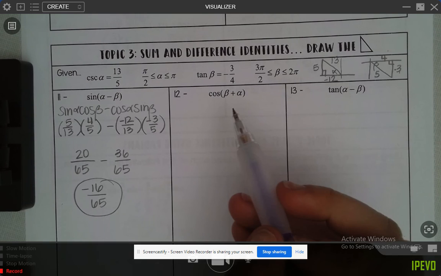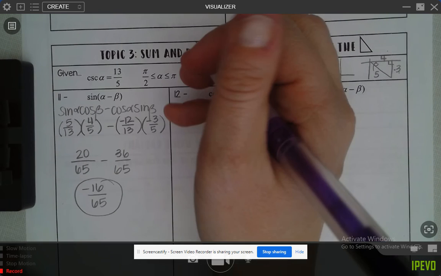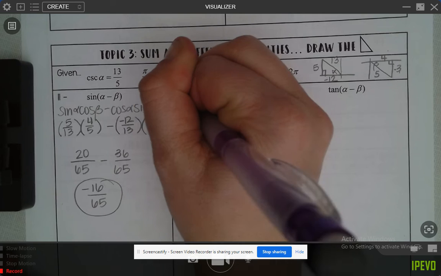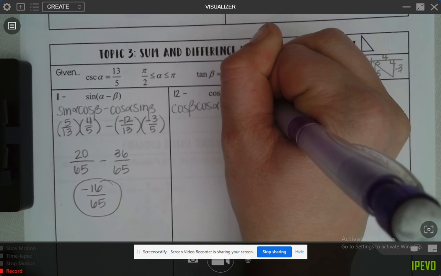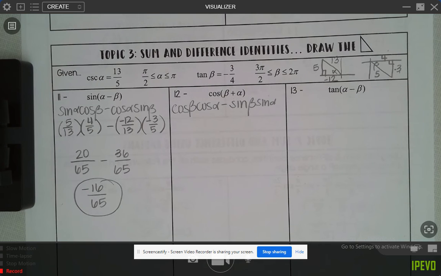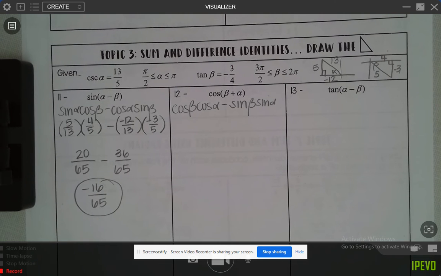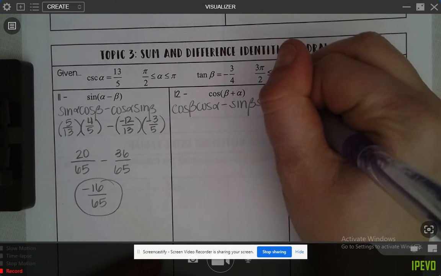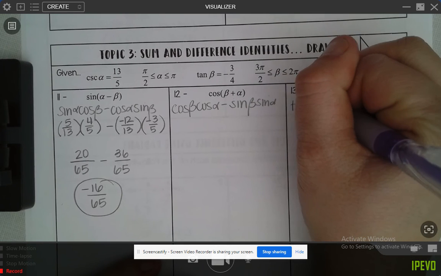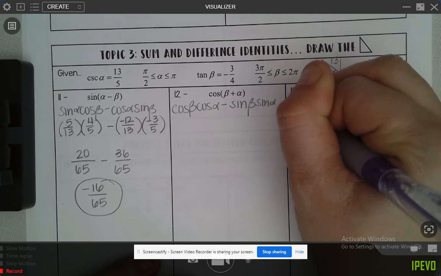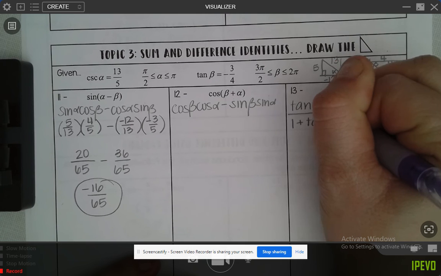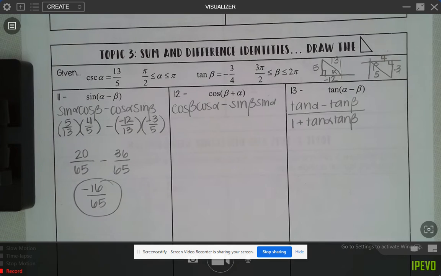All right, cosine of beta plus alpha. That is the cosine of beta, cosine of alpha, minus the sine of beta, sine of alpha. Do you want me to do this one or you want me to do tangent? Okay, so this is the tangent of alpha minus the tangent of beta divided by 1 plus tangent alpha, tangent beta.